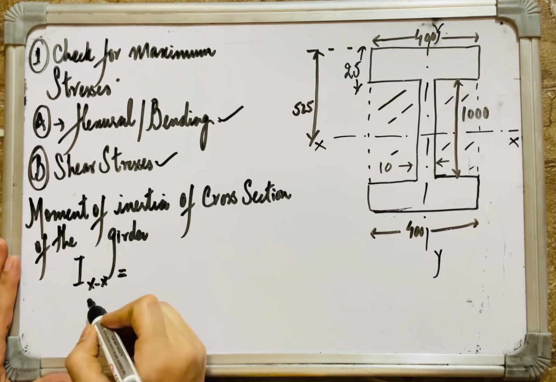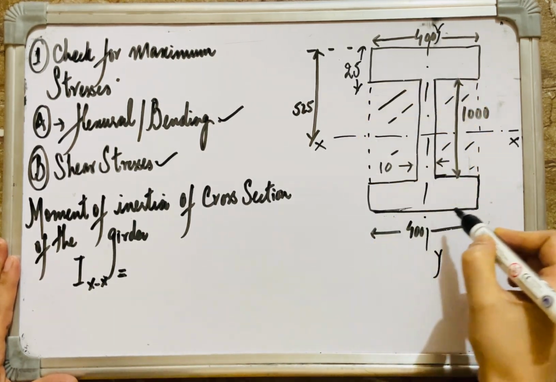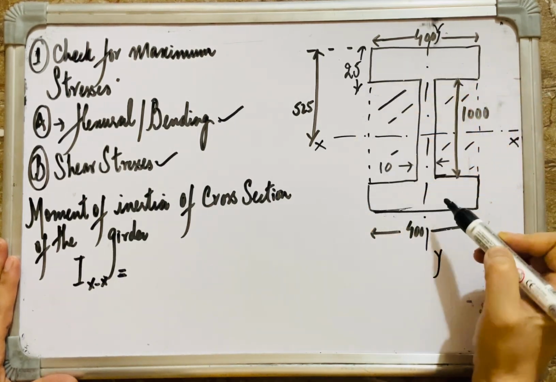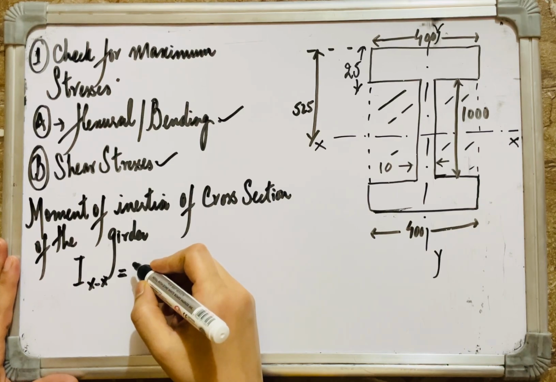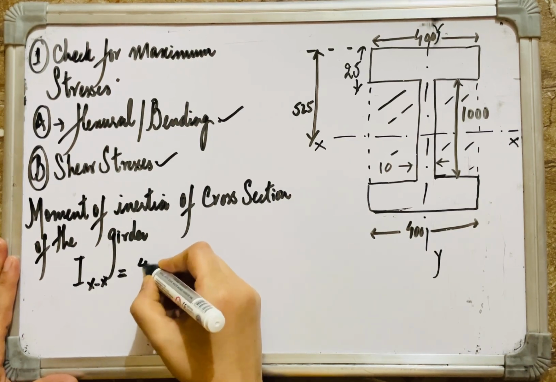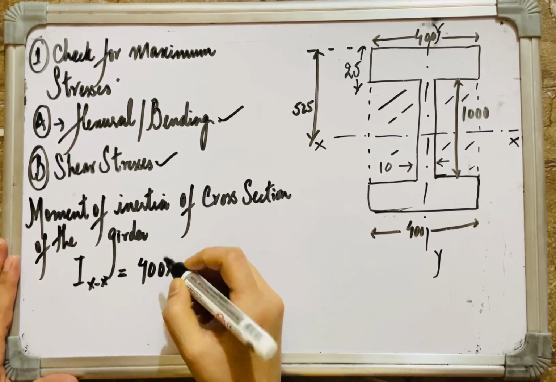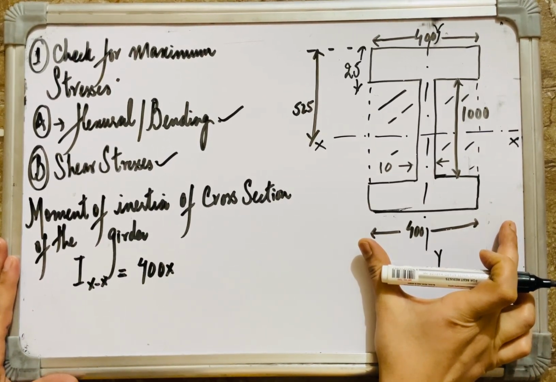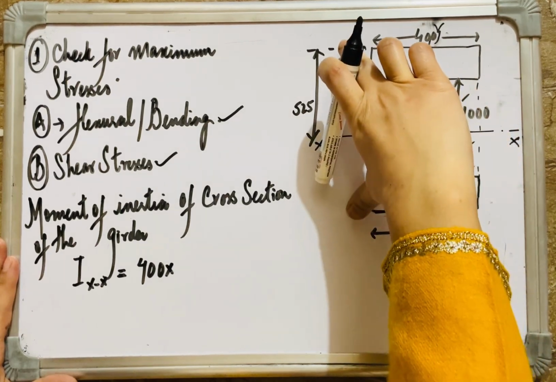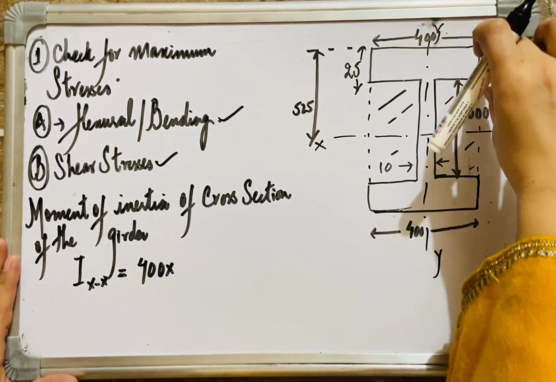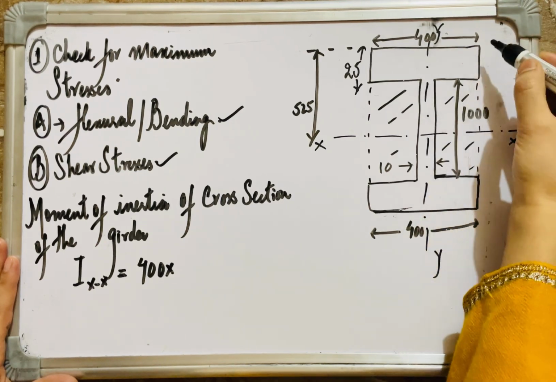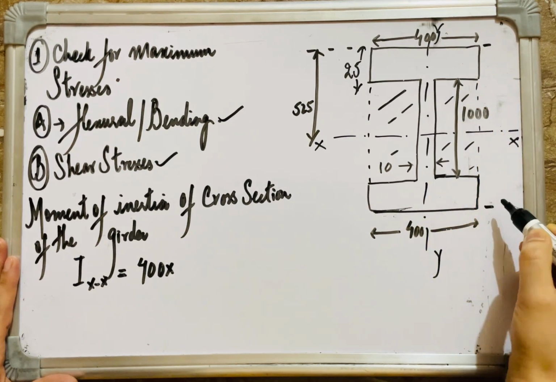See how? Ixx, first of the complete rectangle. It is 400 multiplied by, this is the base. How much is the depth or height? This whole is 1000, this is 25, this is 25, so the distance from here to here is how much?